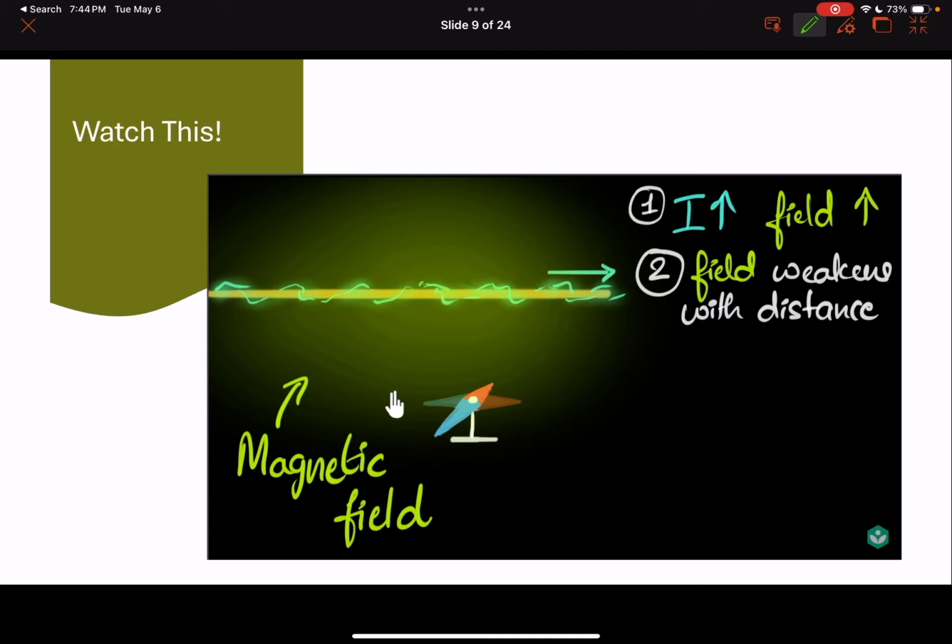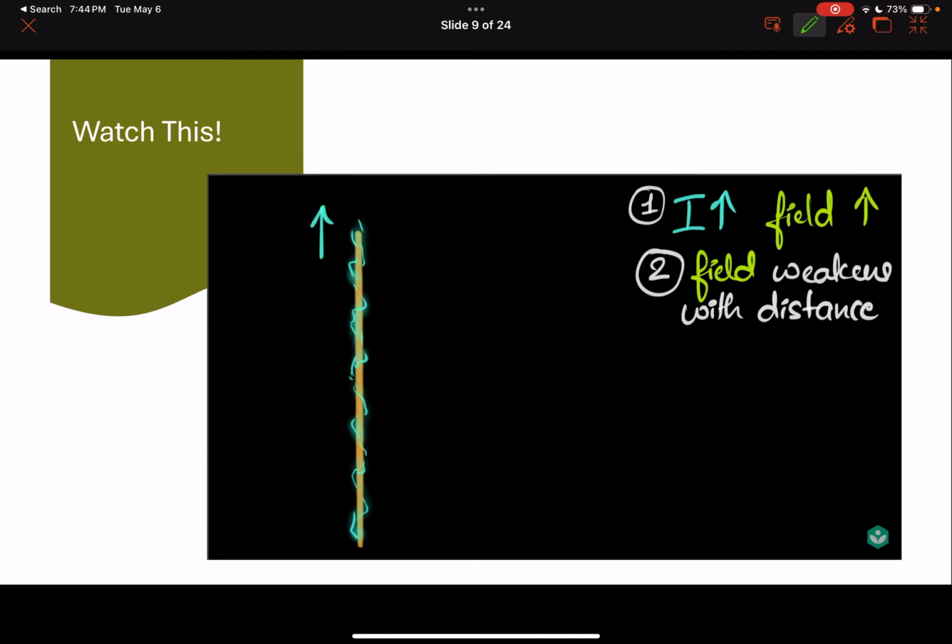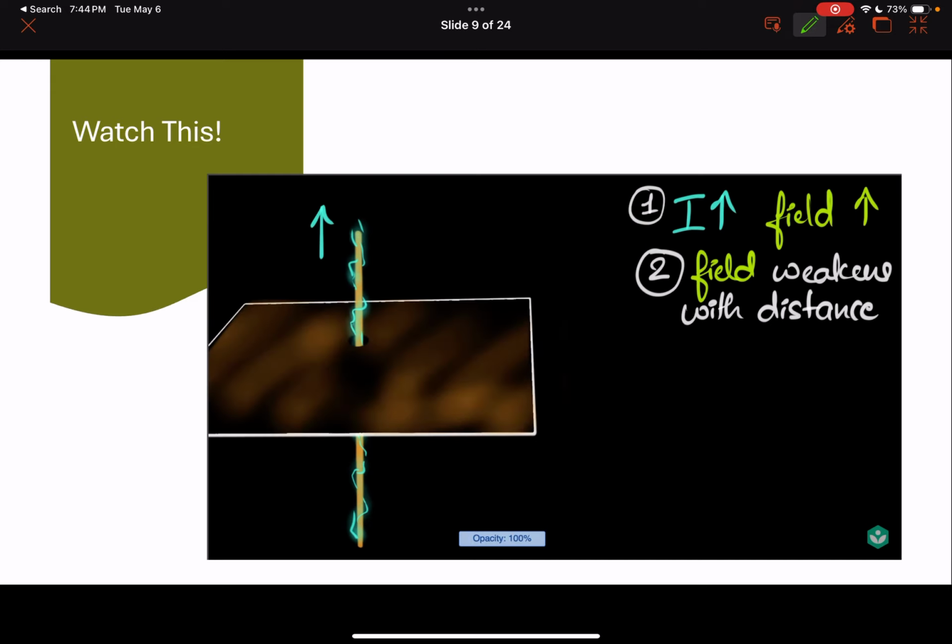So to do that, they made this wire vertical and made it pass through some kind of a rectangular piece of cardboard on which you can sprinkle iron filings or you can put all your magnetic needles. And when they placed the needles, they found out that the magnetic needles arrange themselves in this fashion. The red represents the north pole of the magnet and the blue is the south pole.